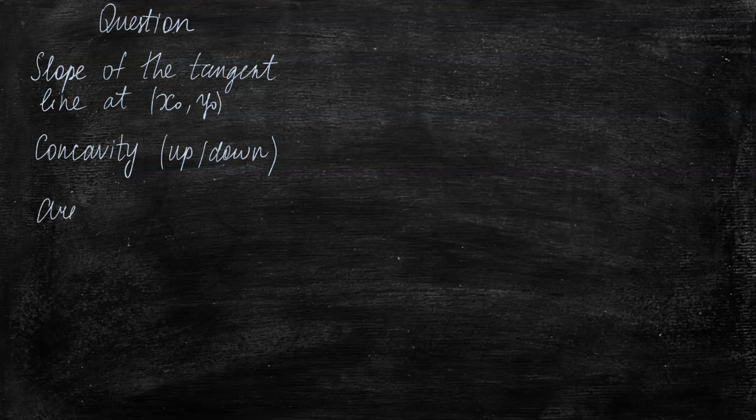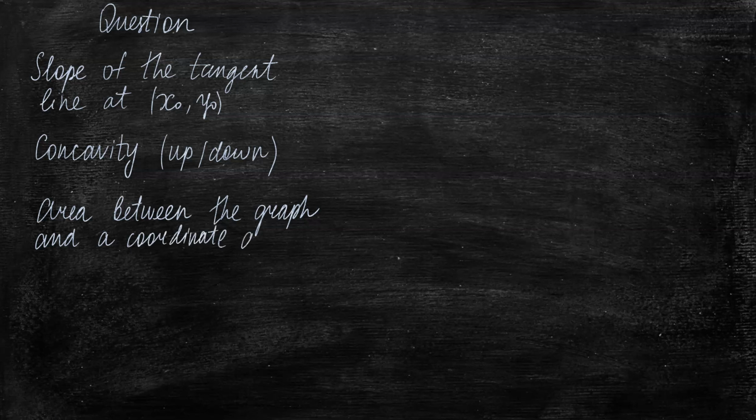If you know how to find the area between the curve or the graph, and in particular maybe some axis, x or y, or maybe another graph, then you do know how to do some calculus. So these are interesting calculus questions that we learn how to answer for y equals f of x when it's given to us.